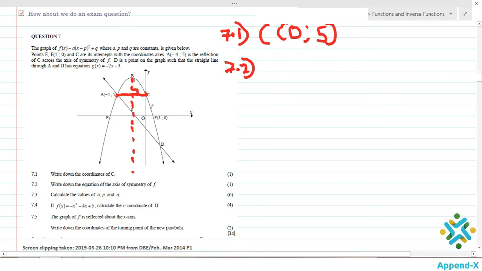Since the axis of symmetry passes through the midpoint of A and C, the x value of the axis of symmetry must equal the x-coordinate of the midpoint of C and A. Therefore x = (-4 + 0)/2, where -4 is the x-coordinate of A and 0 is the x-coordinate of C. Therefore -4 divided by 2 is -2.